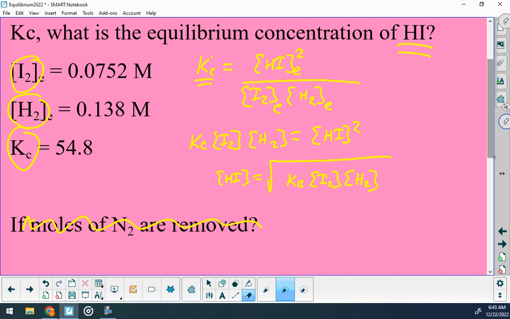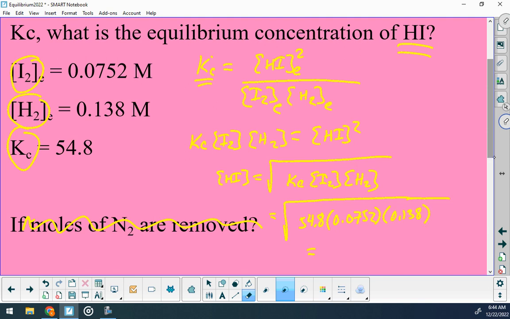Good. So let's put in some values: square root of 54.8 times what is I2? 0.0752 times 0.138.